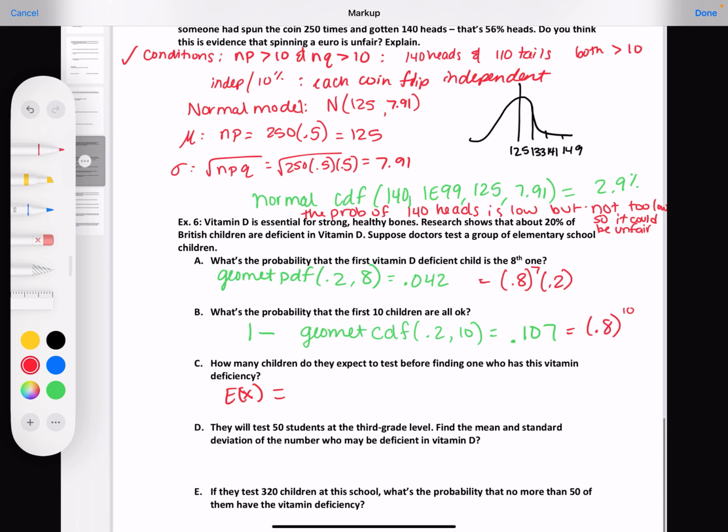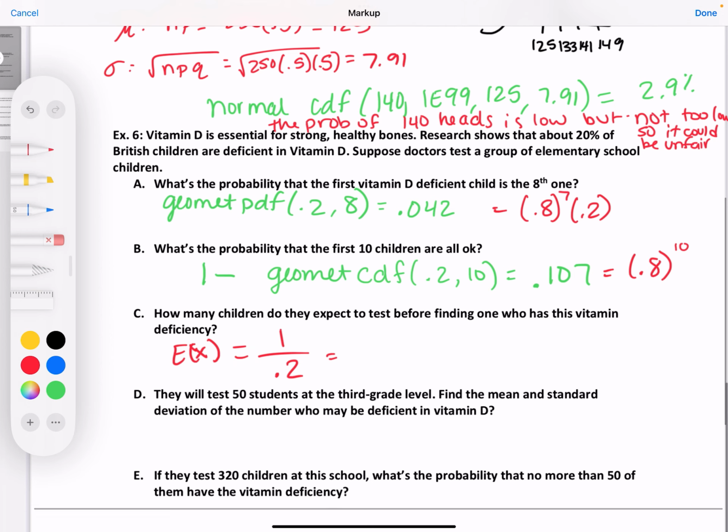We did it in example 3D. Yeah, 1 over P. So 1 over 0.2. It's 5. So 5 children.